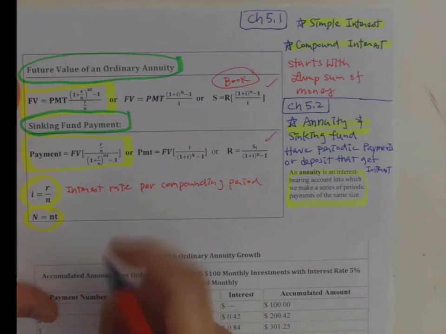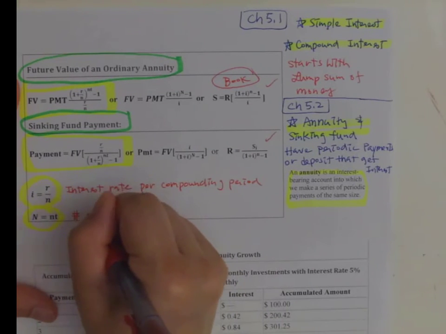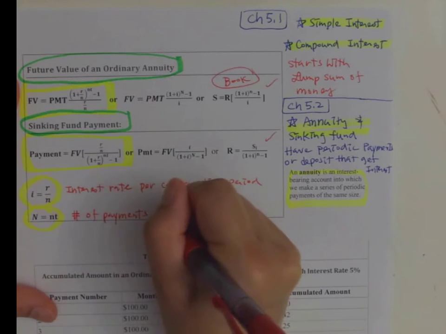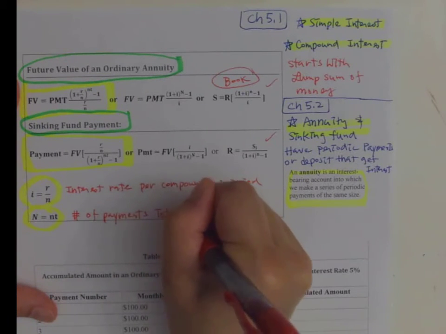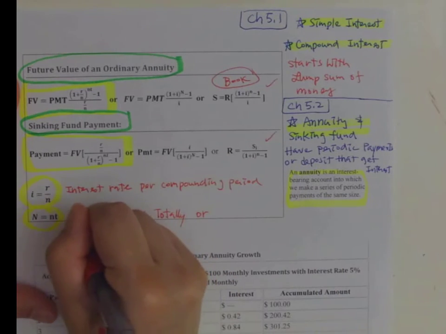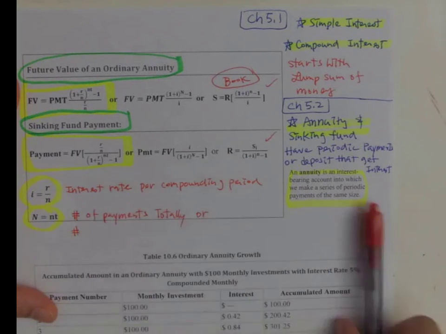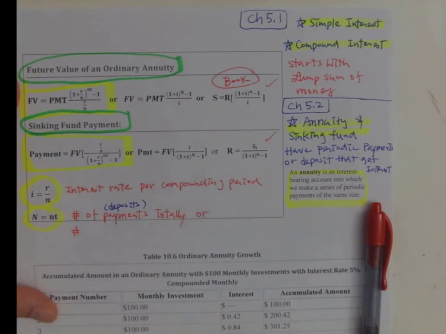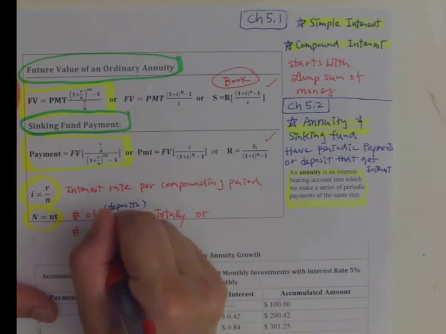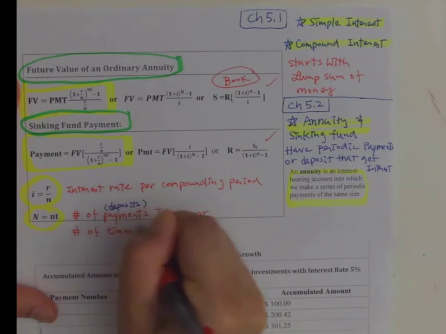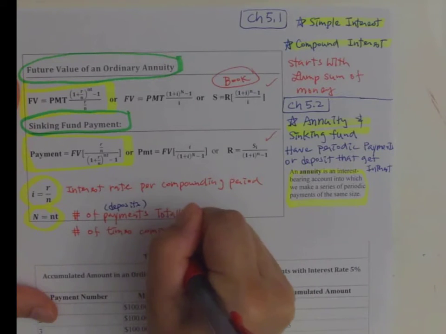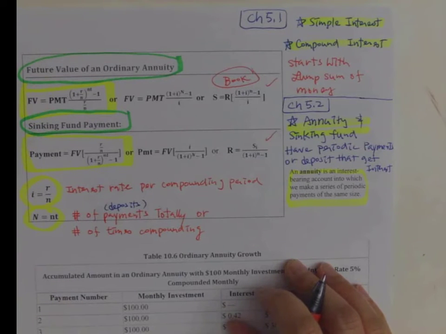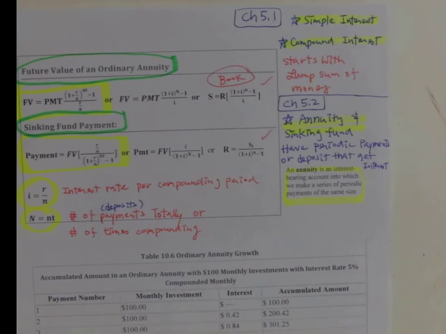And the n here, n times t, is the number of payments totally, and payment could be called deposit also. n is the number of times compounding. Alright, so these are the information about those formulas.